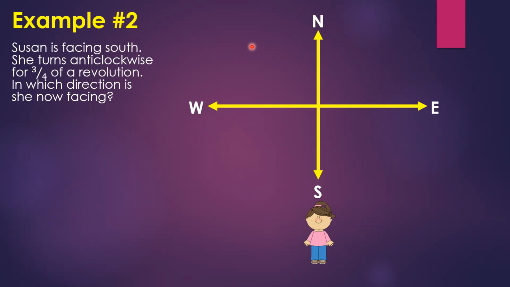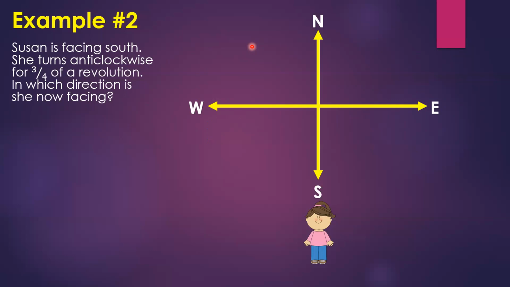Good. Put your hands inside the chat, please. Prasanti, can you read the question again, please? Susan is facing south. She turns anti-clockwise for 3/4 of a revolution.